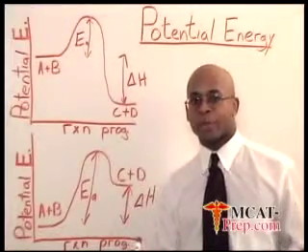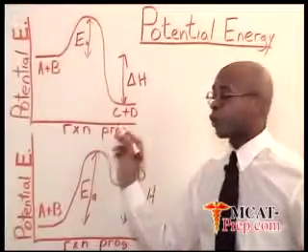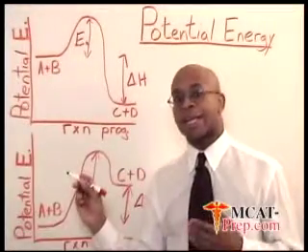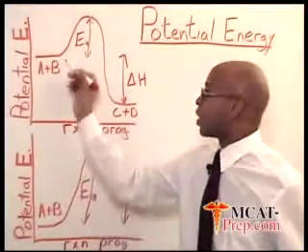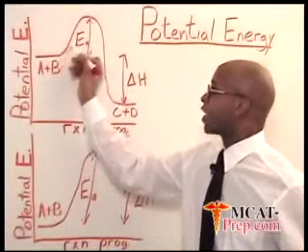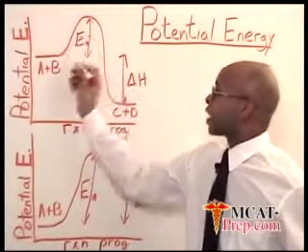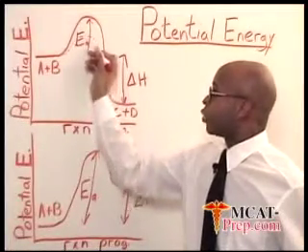So in summary, if you were to compare this particular curve to what effect a catalyst would have on it, what it would do is that you would start here with your reactants, and then the catalyst would create a curve something like this, so that the activation energy would be lower.